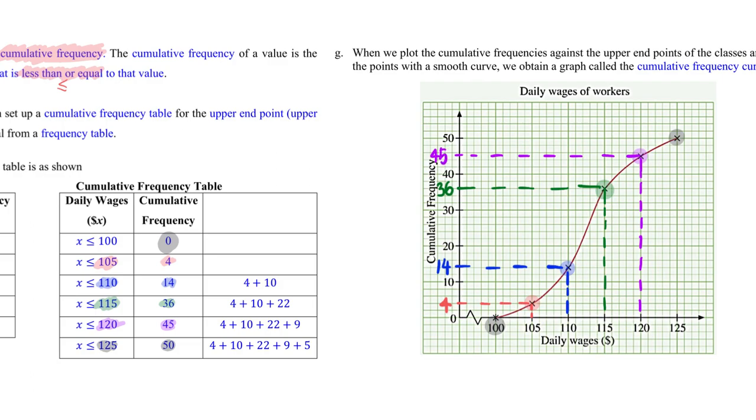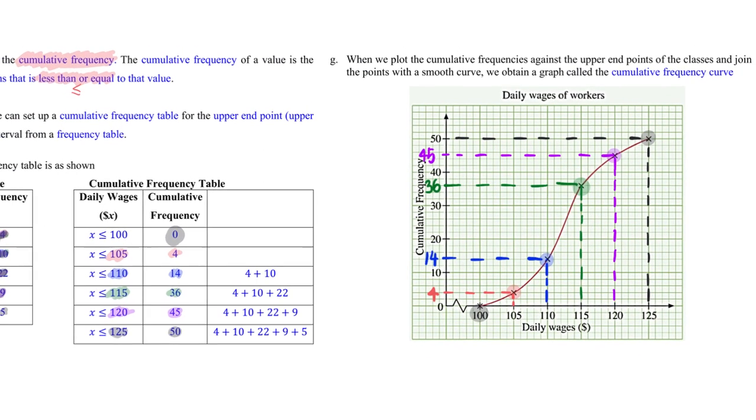And of course, the end point is usually the total number, which in this case, indeed, is 50. And that's how we plot the cumulative frequency graph.